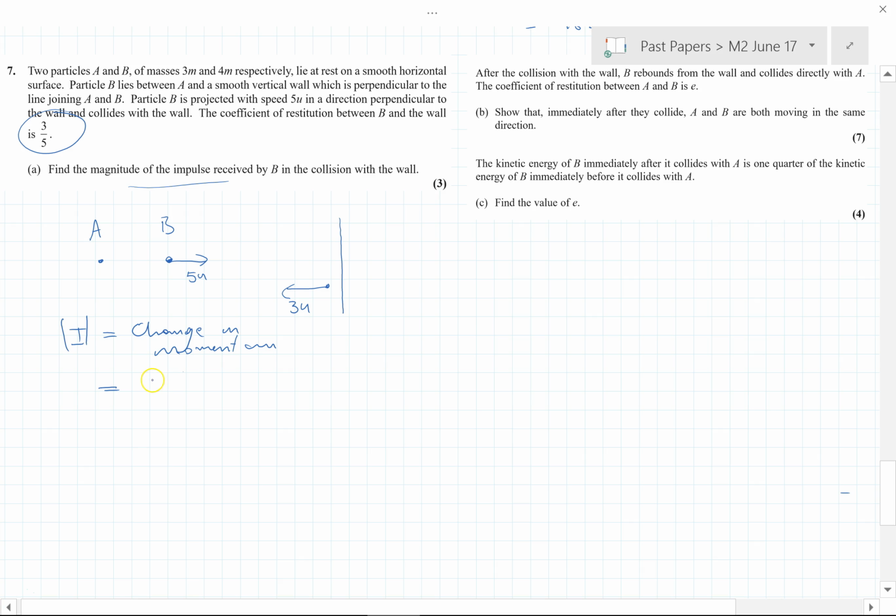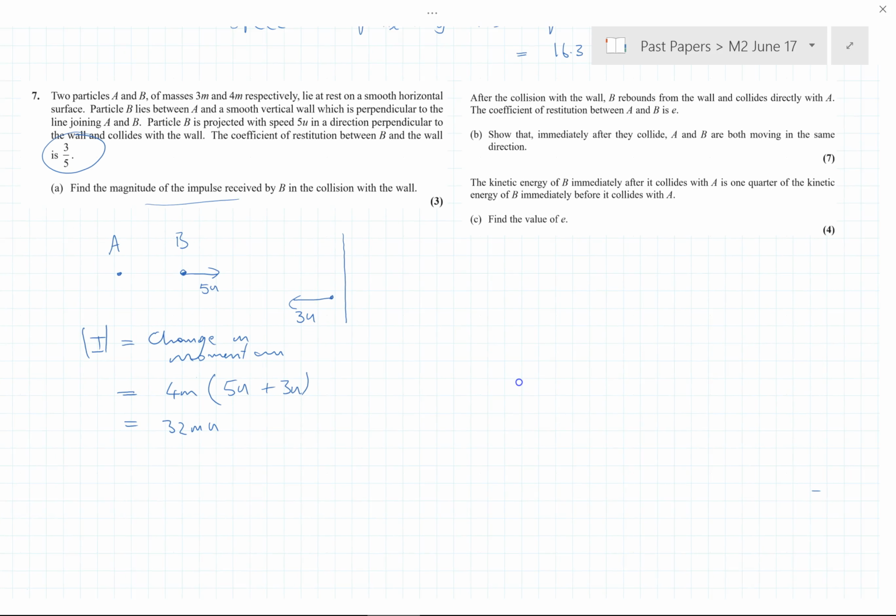We've got the mass, make sure we've got the right mass, that's 4m for B. And these two are added together because they're going in opposite directions. So that's 32mu. I'm not bothered to put units on, it hasn't asked for them, but we could. So we can move on to the next part, which is the meatier part.